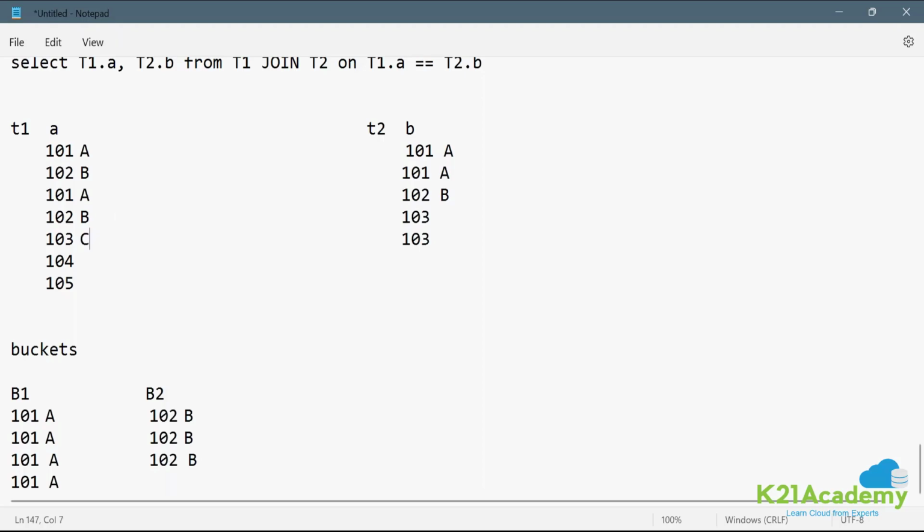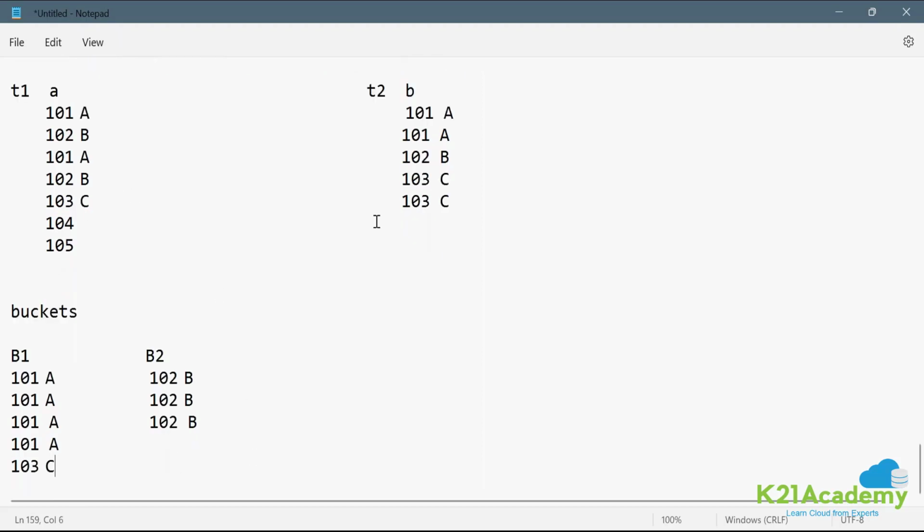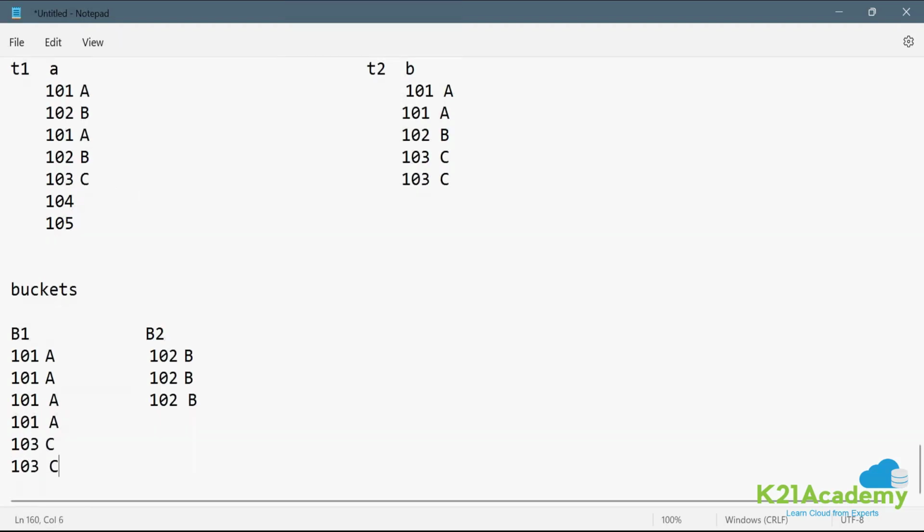Calculate the hashes C, C, and C. Put them in the same bucket. In any bucket you prefer, but they would be together. What it means is that all of the rows go to the same bucket.